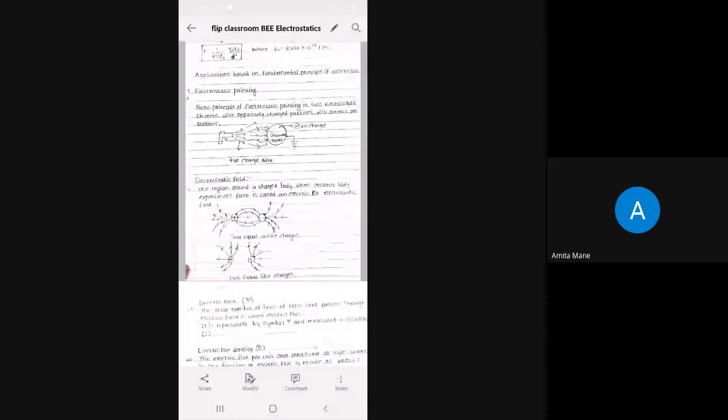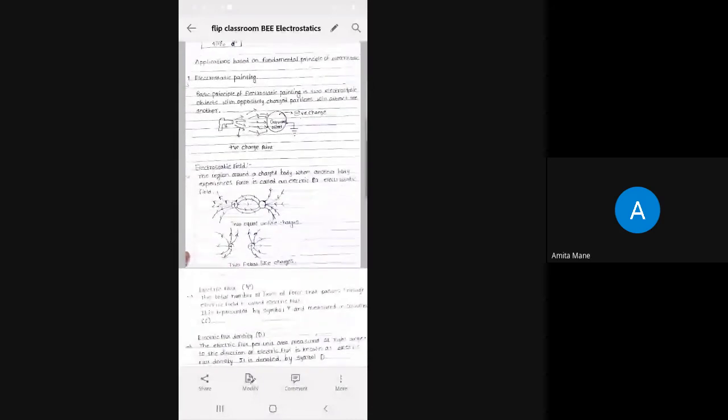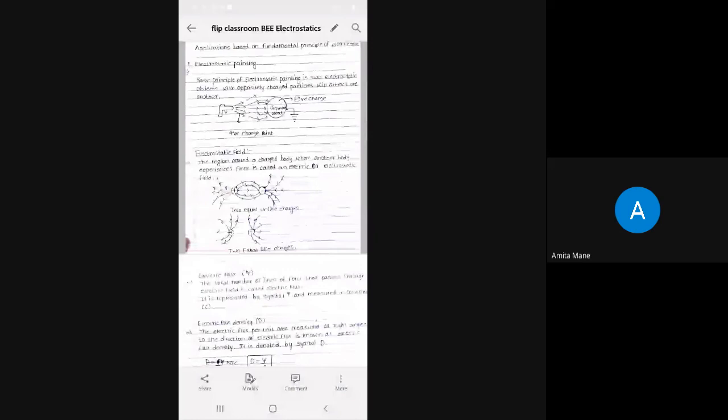Due to electrostatic attraction, Coulomb's first law, unlike charges will attract each other. When we sprinkle that paint, it will accumulate on the object and get fully painted with accuracy. So it is an application of electrostatics. Second application is the photocopier. It also works on the same principle.